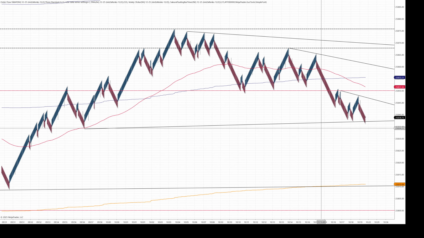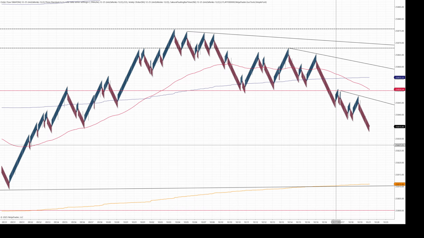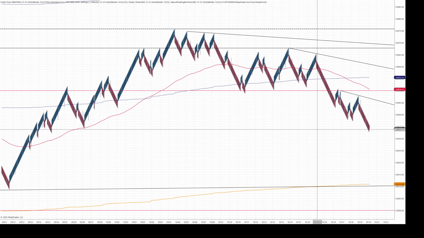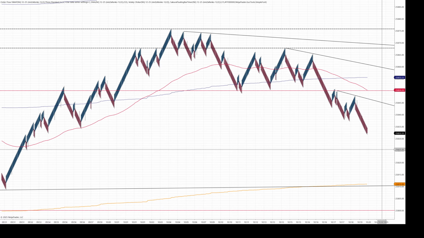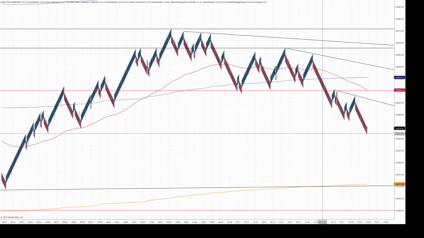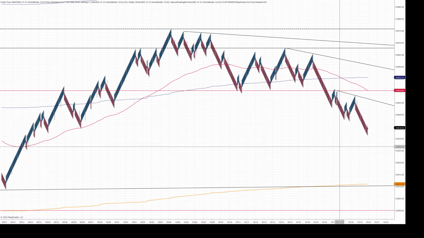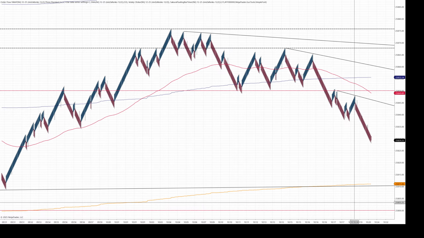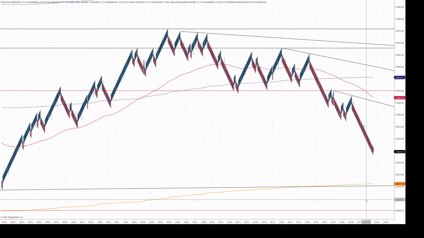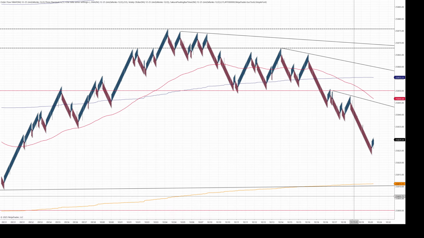Okay, we're breaking through this trend line. I would love for us to just dump straight into VWAP and then we get the bounce up. Looks like that's what we're doing.